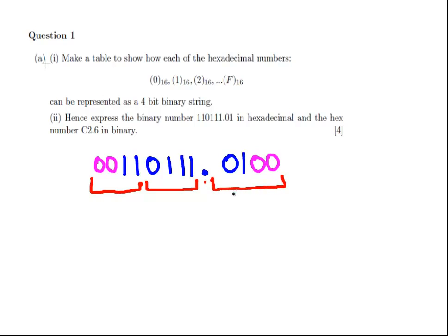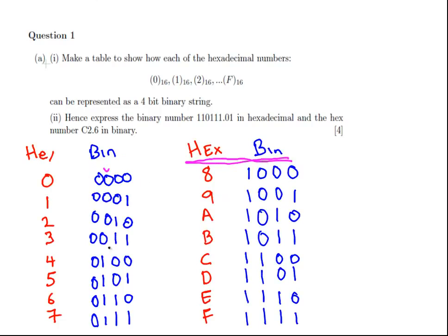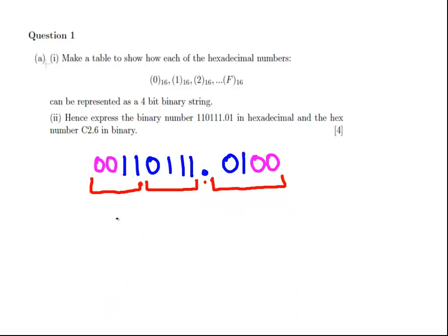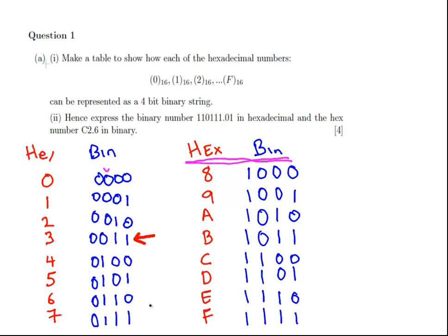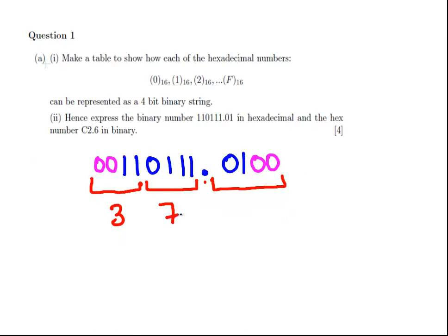Now we move back to our table and check what these correspond to. We have 0, 0, 1, 1, that's 3. Then we have 0, 1, 1, 1, that's 7 in hexadecimal.